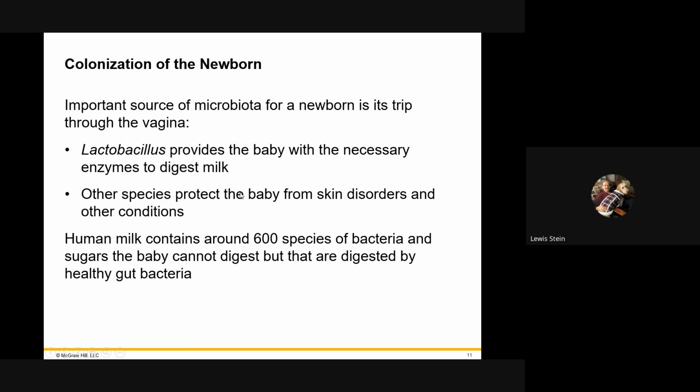And even human milk has 600 species of bacteria and sugars the baby can't digest, but those gut bacteria that they pick up, starting with the passage through the vaginal tract, are the big players.